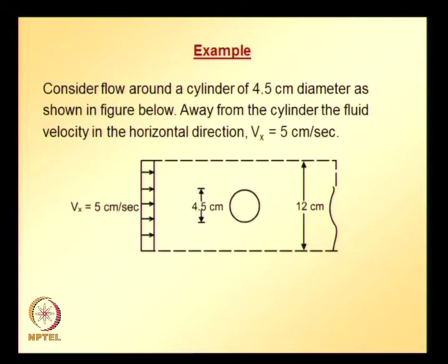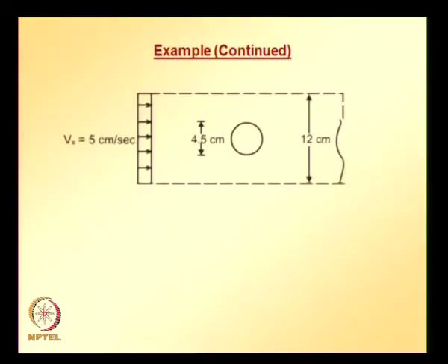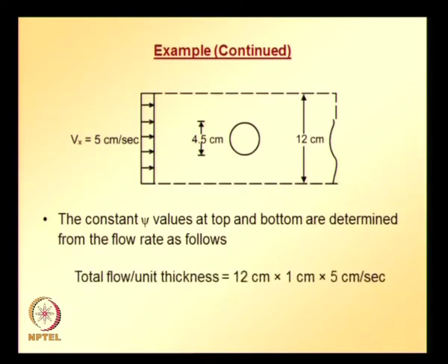So, the constant psi values, that is psi t and psi b, as I just mentioned, can be determined from the flow rate per unit thickness. Here thickness is assumed to be 1 unit. So, flow rate per unit thickness is given by 12 times 1 times Vx, that is 5 centimeters per second, and it comes out to be 60 centimeter cube per second.